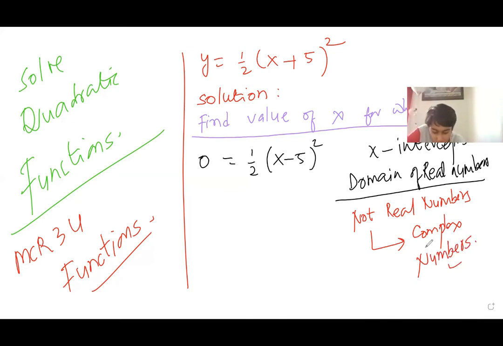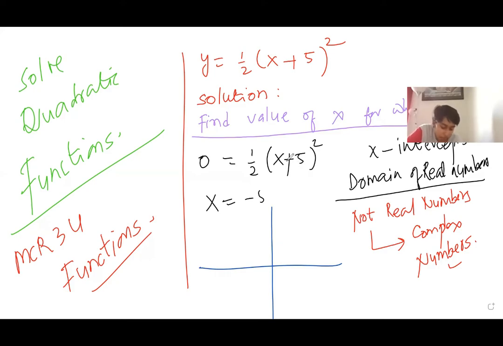Okay. So can you tell me the solution of this equation? This is x plus 5, right? What is the solution of this equation? If y is 0, then it would be half of x plus 5 multiplied by x plus 5. So only the x value of minus 5 will give us a 0, correct? Even if you sketch this graph, you can figure this out, right?